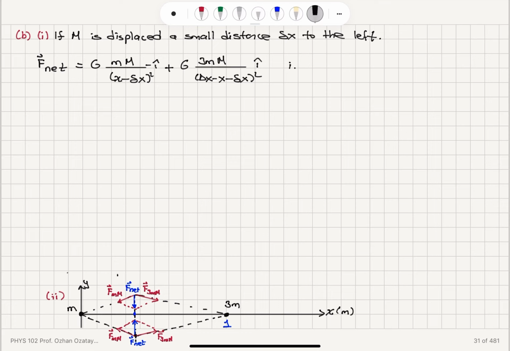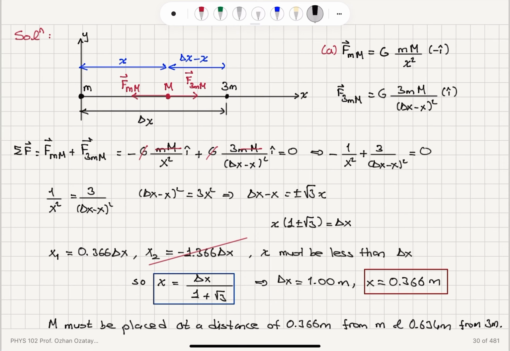So what do I see? The force between M and capital M increases in magnitude because the denominator decreased here. So it was 0.366, now it's something smaller, the force has increased.